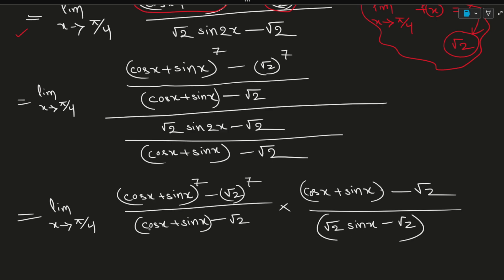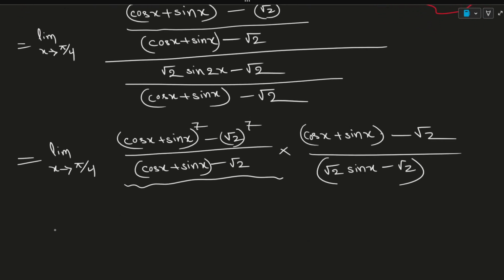The limit of the numerator will be n into c to the power n minus 1, and the limit of this one will be n into c to the power n minus 1 into this one.